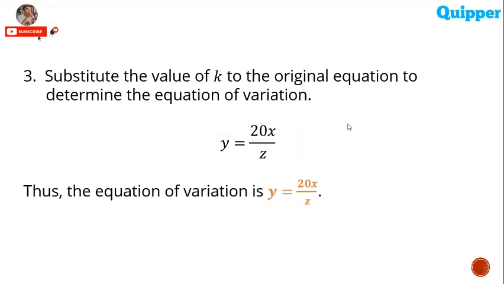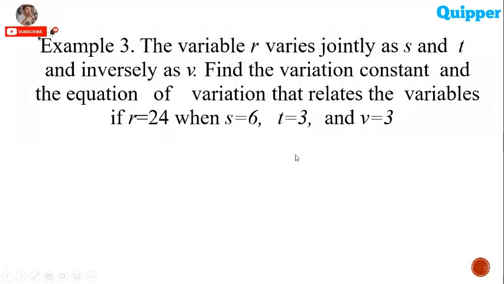Another example. The variable r varies jointly as s and t and inversely as v. Find the variation constant in the equation of variation that relates the variables if r is equal to 12 when s is equal to 6, t is equal to 3, and v is equal to 3. Now, we have a joint plus inverse, okay? A combination of a joint variation and an inverse variation.